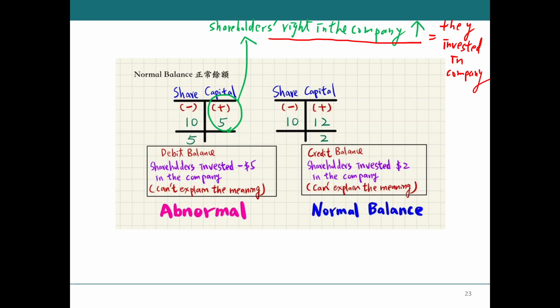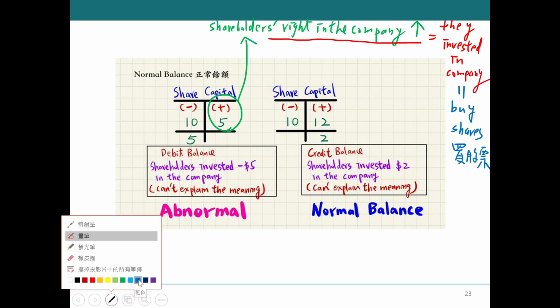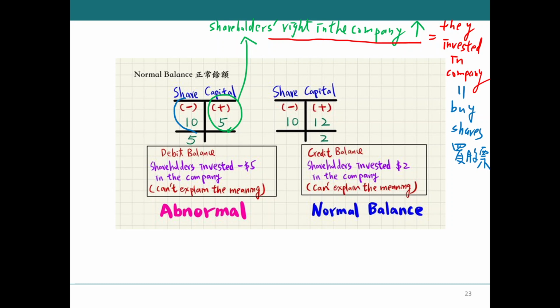Of course. Selling the shares means you don't want to be a shareholder. I can buy the shares, I invest in the company. Also, I could sell the shares, take the money away. I don't want to become a shareholder.